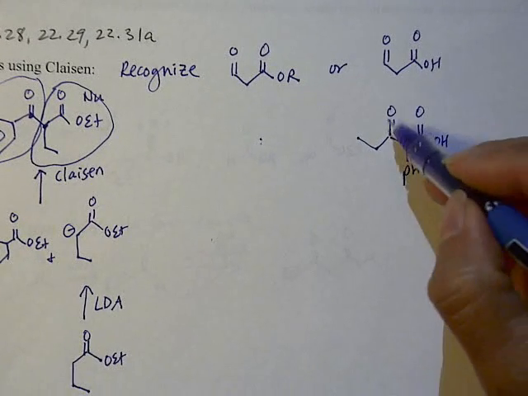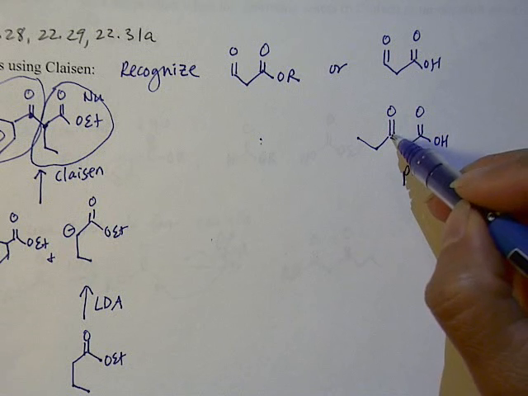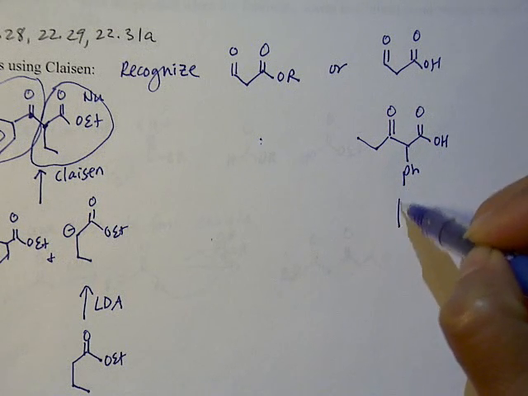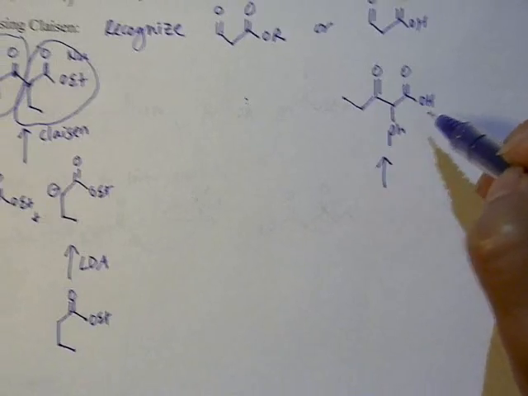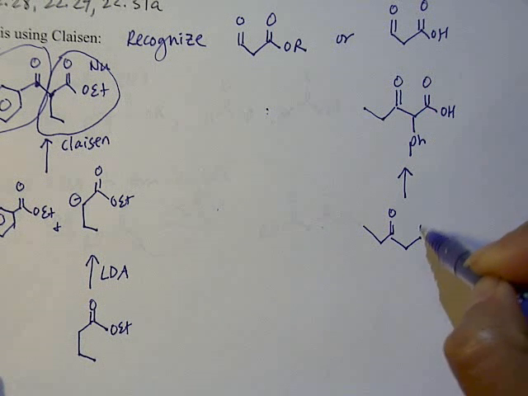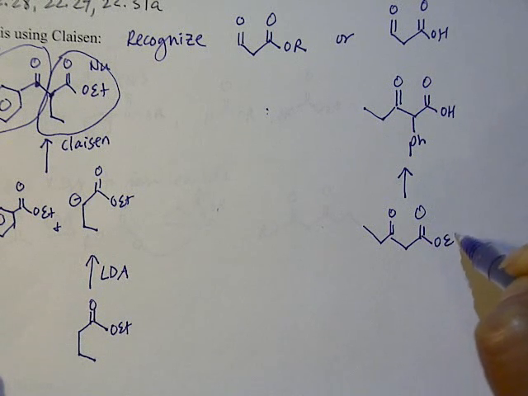So you recognize the alpha beta beta carbonyl carboxylic acid. If you were to make this, you know that this must have come from an ester.